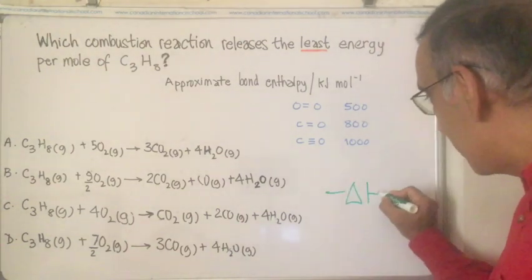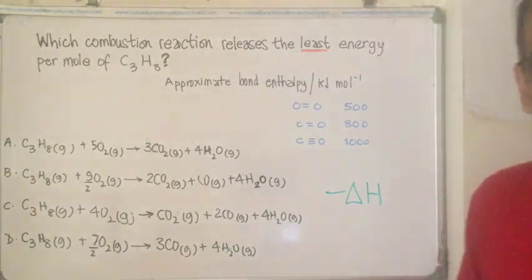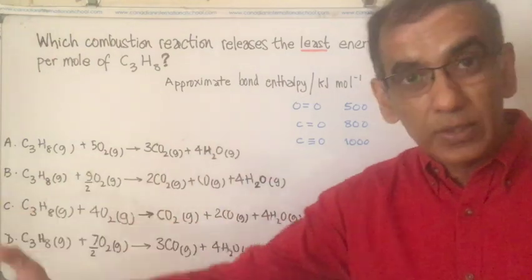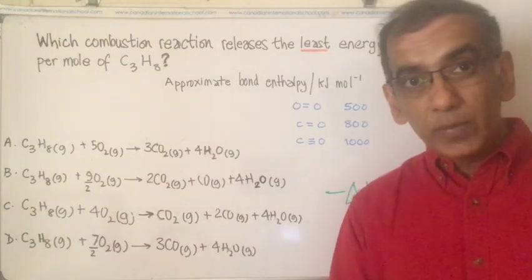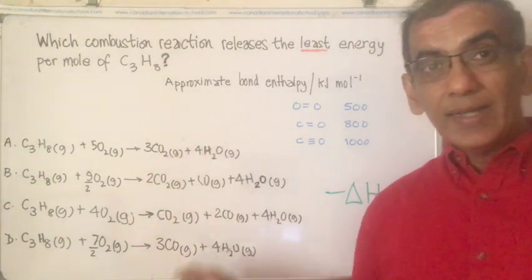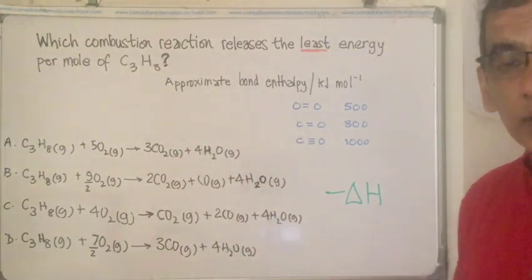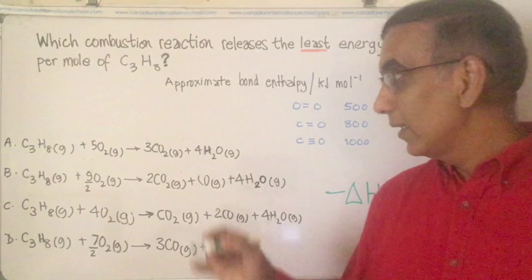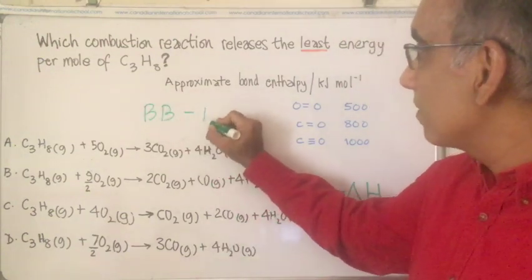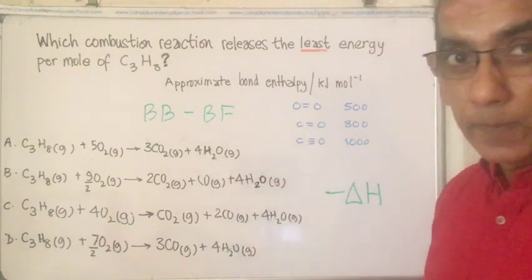Negative delta H is an exothermic process, and the more negative the answer is, the more energy is released to the surroundings. So you'll be looking to find the answer that has the least negative outcome when you take bonds broken minus bonds formed.